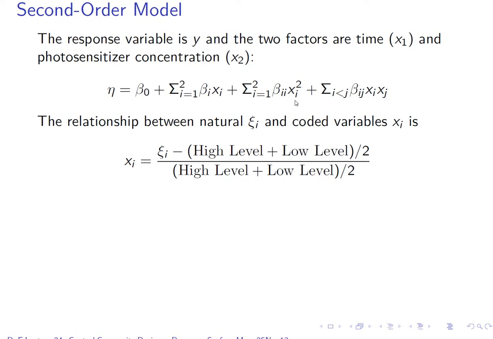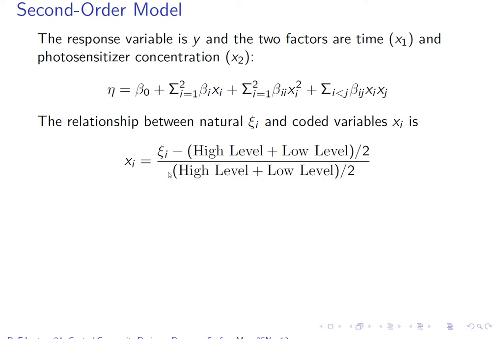This is the pure second order terms, PQ. And then this summation, where i is less than j, is the set of the two-factor interaction terms, where i is strictly less than j, so it's i1, i2. If I had more, this would be i1, i2 plus i1, i3 plus i1, i4, if this was the helicopter problem, right? But although represented differently, recognize this as a second order surface with first order, purely quadratic, and two-factor interaction terms.